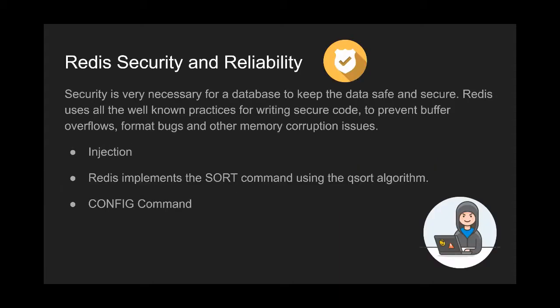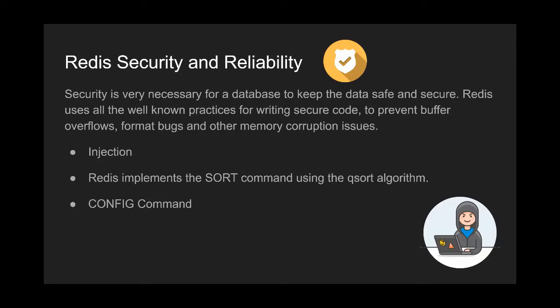So moving on to security. Security is very necessary for a database to keep the data safe and secure. Redis uses all the well-known practices for writing source code to prevent buffer overflows, format bugs, or other memory corruption issues.